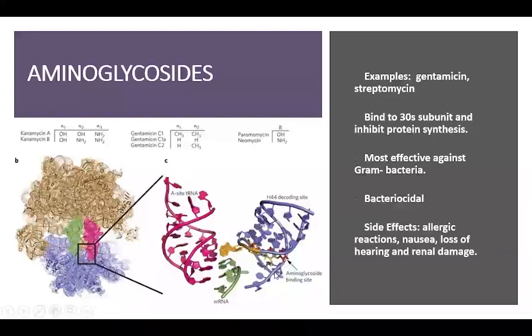And over here is part of this purple guy, that's that 30S subunit. And right here, this green bit is the mRNA. You can see that this guy likes to bind in this area, and he just comes out right here, and he just starts putting in the wrong stuff as you're going along. That's a really effective way to stop it.